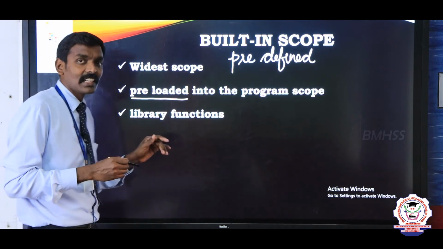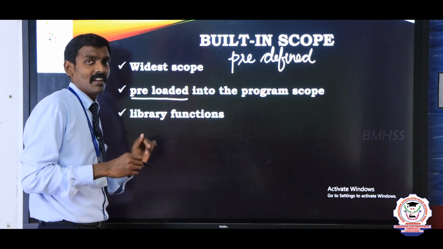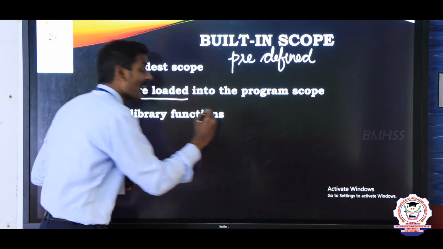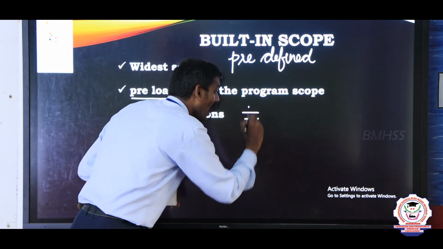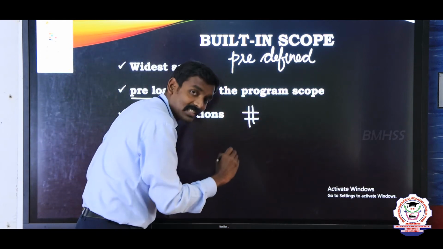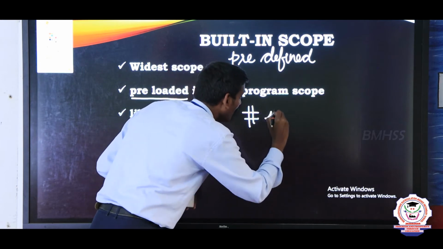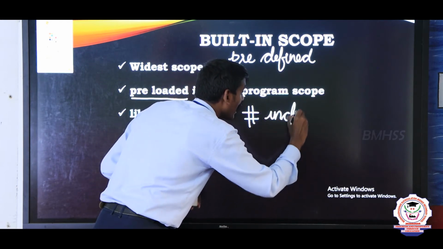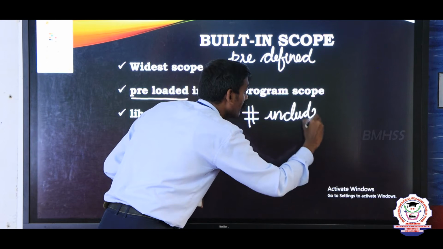Let us consider what is a library function. We can see in a C++ program, we know already hash is a preprocessor directive. We have a keyword include, hash include.